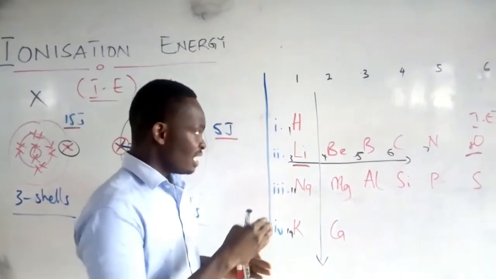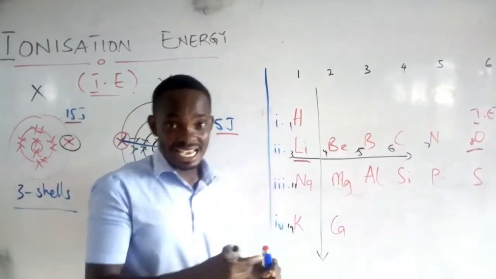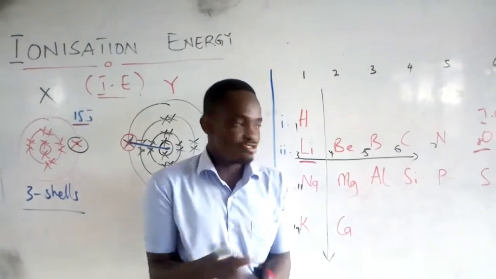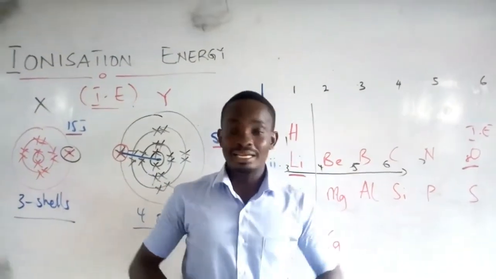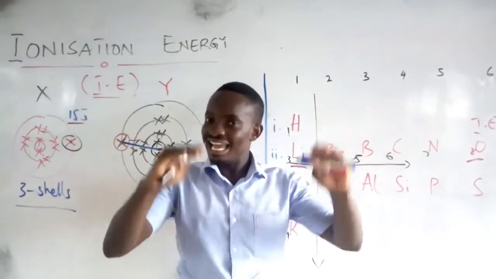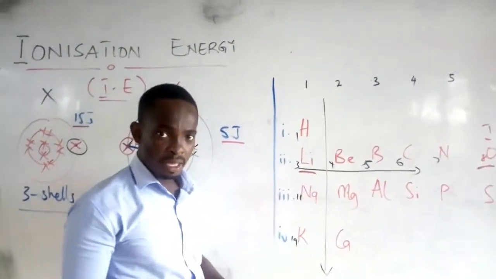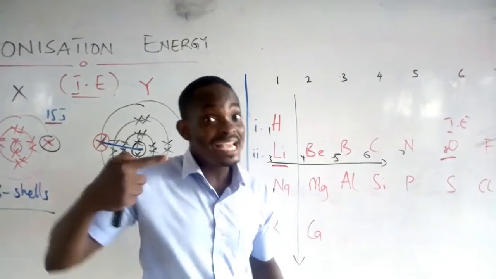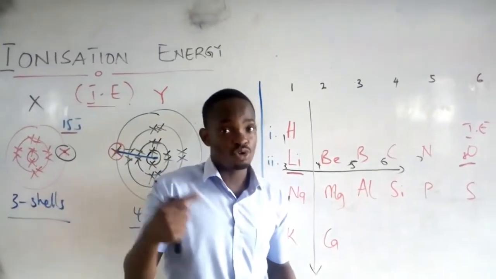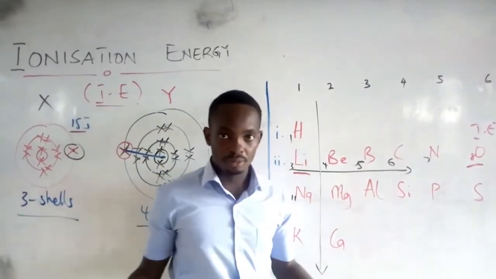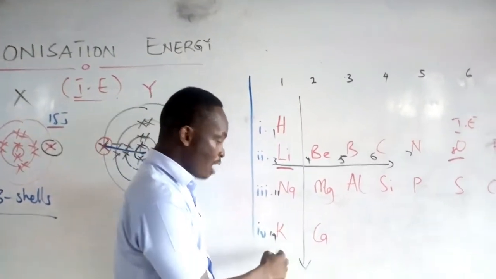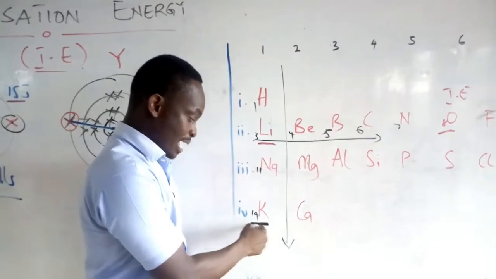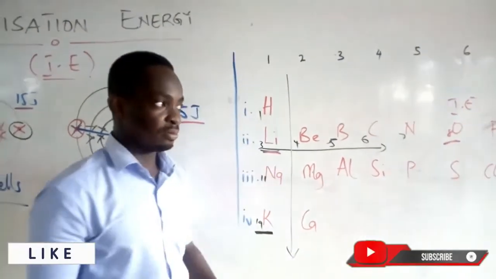Now, because there's an increase in atomic size, there is a lesser nuclear attraction down the group, which means the attraction between the nucleus and the outermost electron is lesser and lesser as you go down the group. It will become easier and easier to remove the outermost electron as you go down the group, which means it will be easier to remove the outermost electron from potassium than from lithium.